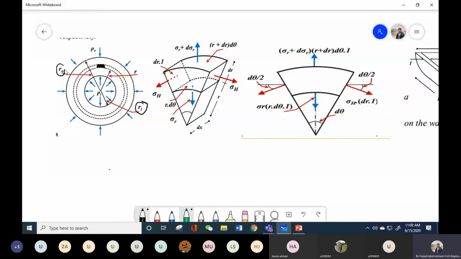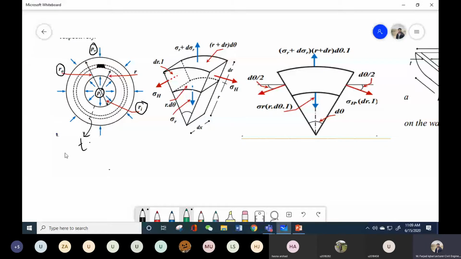This is the thickness of the cylinder, which I can represent by T. Let's suppose that there is a force from outside as well, and there is a force or internal pressure due to the fluid moving inside the cylinder. So the force due to external pressure is P naught, and the force due to the internal pressure is Pi.